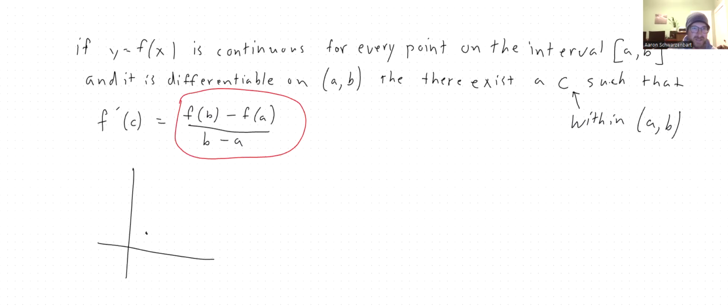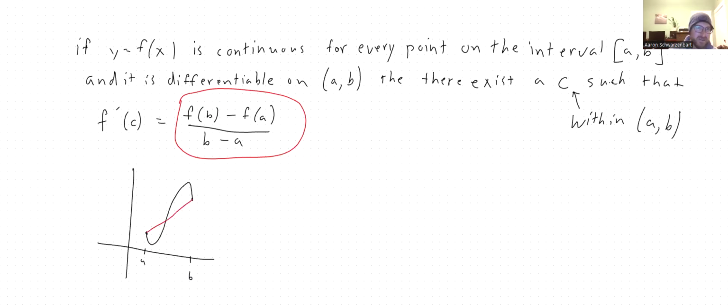So here I've got 2 points, A and B. And I've got some function that does something between them. It has to be continuous and differentiable. My average rate of change here, we'll make a better line, is that it has a slope.